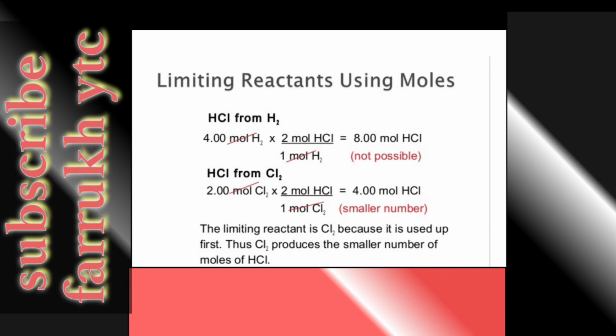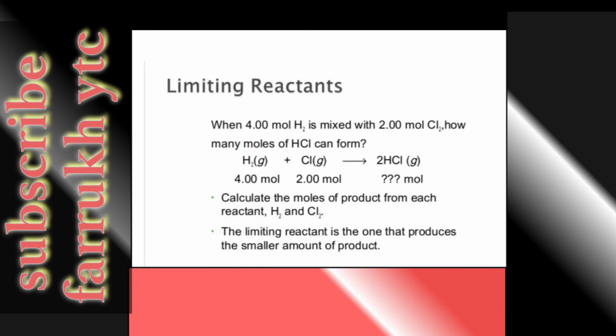Here we have 4 mole of hydrogen. If you see that 1 mole of hydrogen produces 2 mole of HCl, then 4 mole of H will produce 8 mole of HCl.